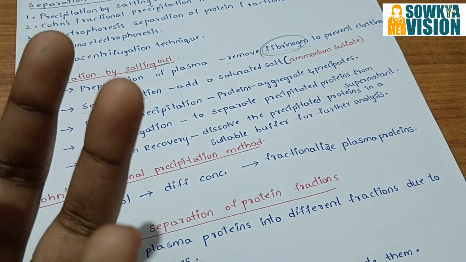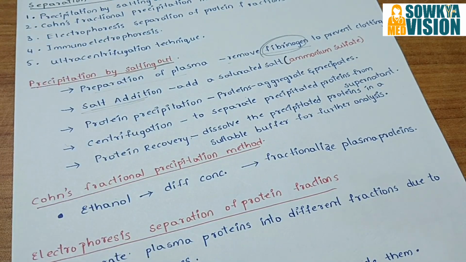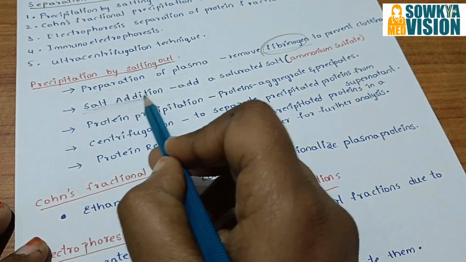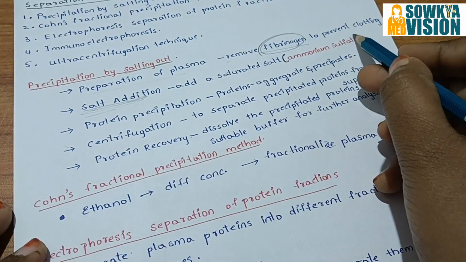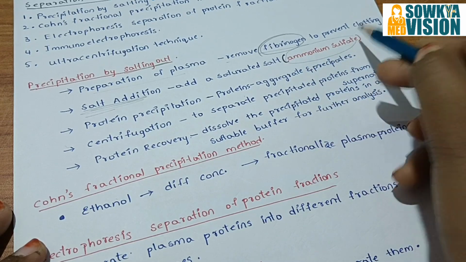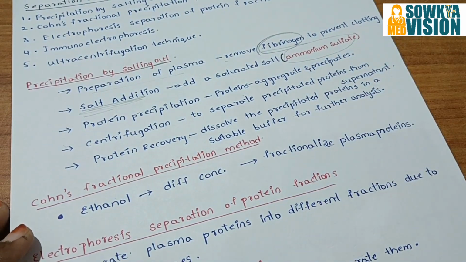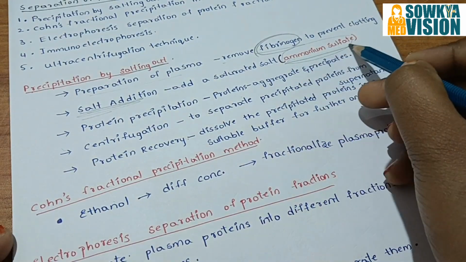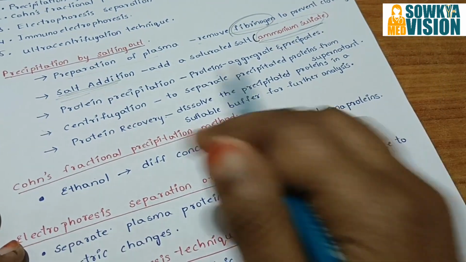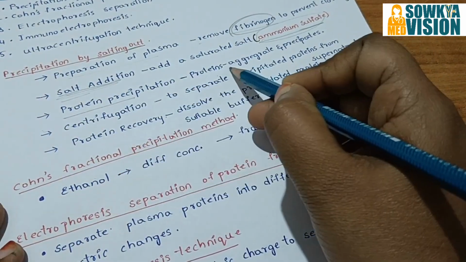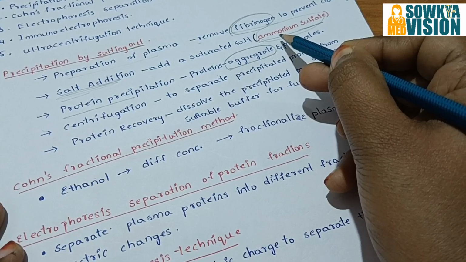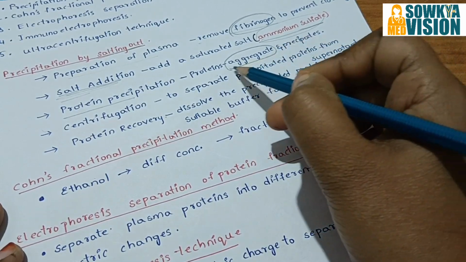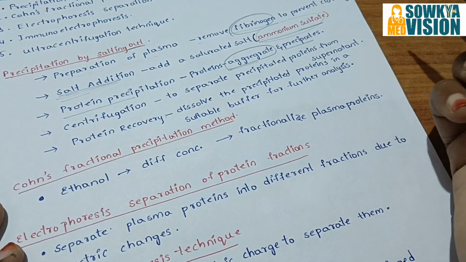We have the plasma with fibrinogen removed. Now we have to add the salt. The commonly used salt in the precipitation by salting out method is ammonium sulfate. After addition of ammonium sulfate, the plasma proteins are aggregated and precipitated.